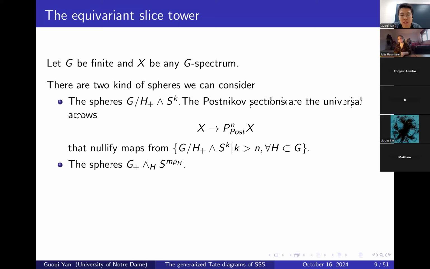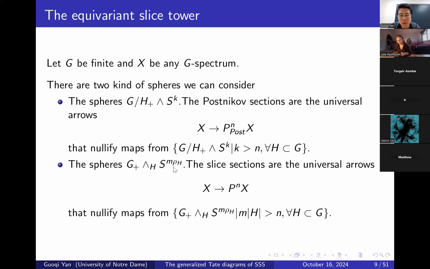And we have another kind of sphere. Here rho_H is the regular representation of the subgroup H. So we take m copies of that and induce it up. So this is an induced regular representation sphere. If we kill maps out of this kind of spheres of above a certain dimension, we get a localization functor which sends X to P^n X, and this is the slice section.